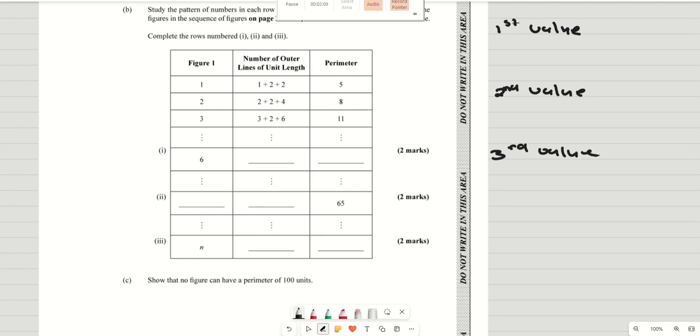Your first values are 1, 2, and then 3, and you compare it with your figure number. You can see that your first value is actually your figure number.